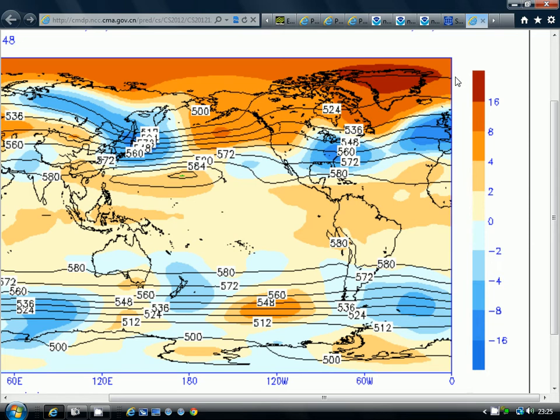Next model I want to look at is the Beijing Climate Center. This is 500 millibar heights again, and we've got below average heights being signalled here for much of the east of the United States, near normal for these central areas, above average heights being forecast to the northwest.